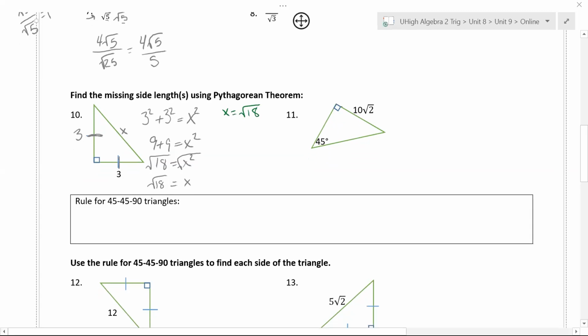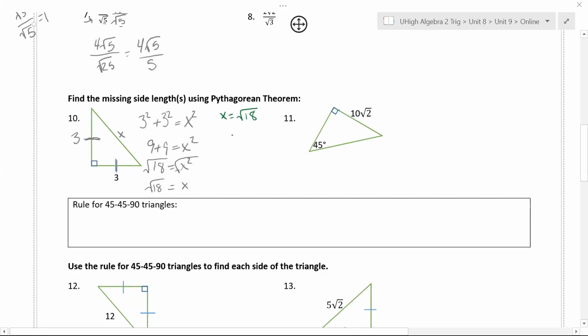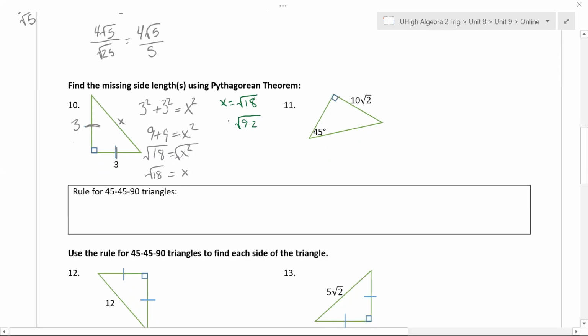In this case, we could break this up into the square root of 9 times 2 equals x. Then x equals the square root of 9 times the square root of 2, or x equals 3 square roots of 2.